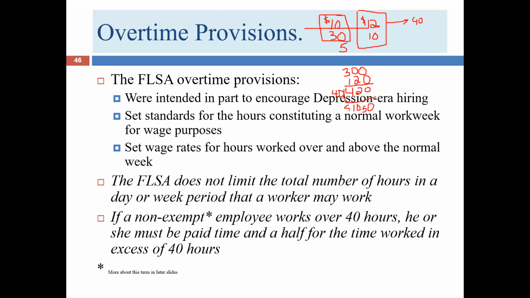So for the extra hours above 40 that he works, we're going to multiply that number, 10.50, by 1.5 to get his new hourly rate for his overtime hours.